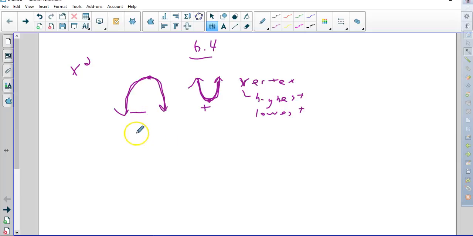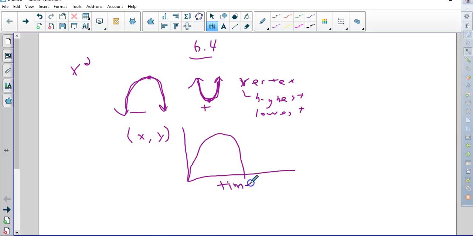Now, the vertex is a very simple formula. Now remember, it's always going to be x, comma, y. And if you think about the path of a parabola, let's say again you throw a rock up in the air. And if you were looking at this on a graph, down here we have time, and over here we have height. As time goes on, 1 second, 2 seconds, 3 seconds, and so forth, the height is changing.